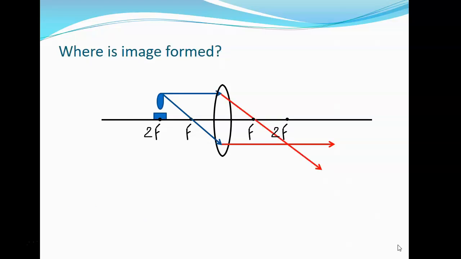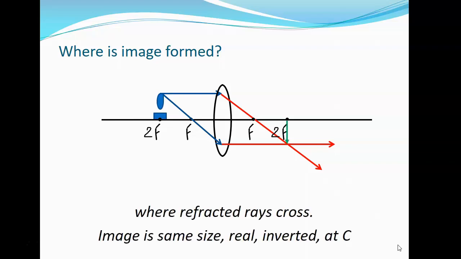Where is the image formed? Those two rays really do cross, and look where they cross, right at 2F. A larger, upside down, real image. Sorry, not larger, it's the same size as the object, right at twice the focal point. It's actually 2F for the case of lenses. It was C back when we were talking about mirrors.